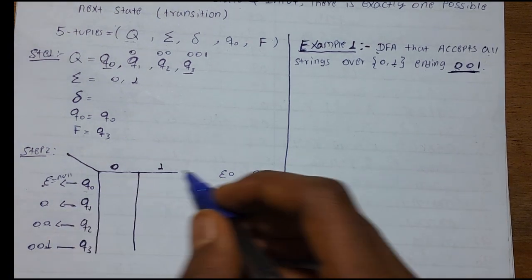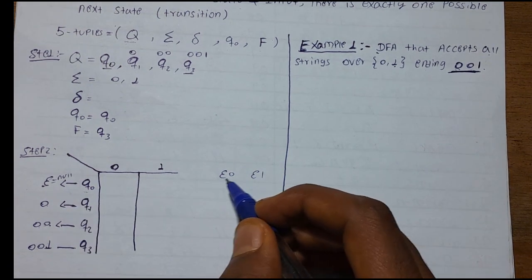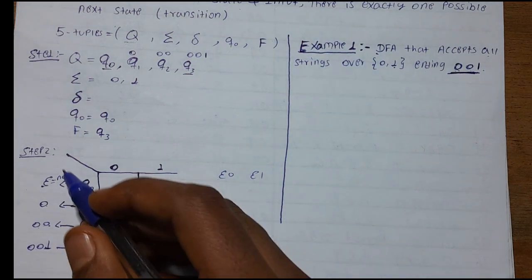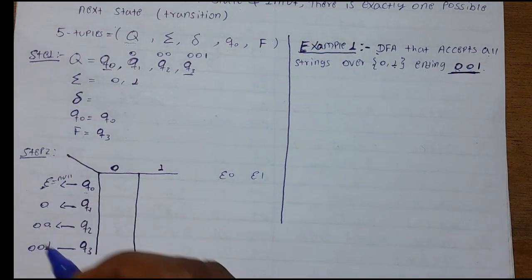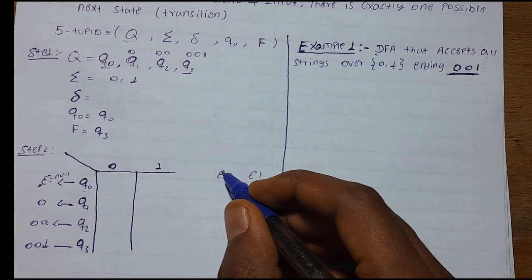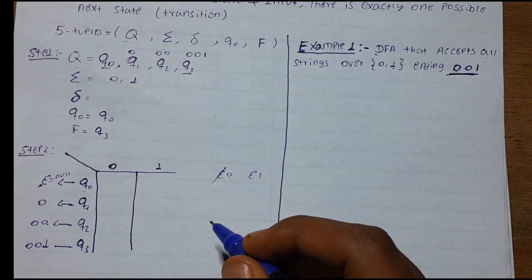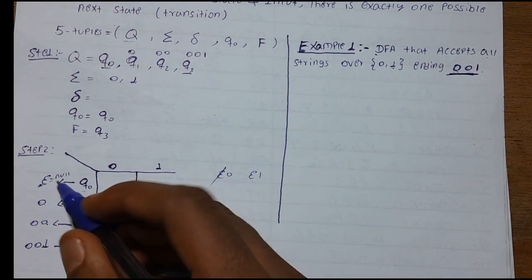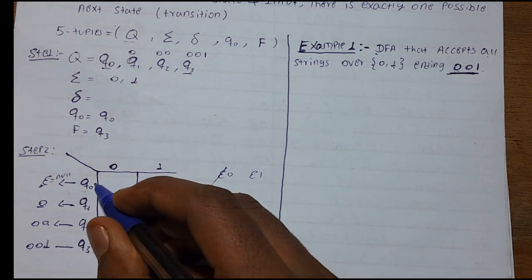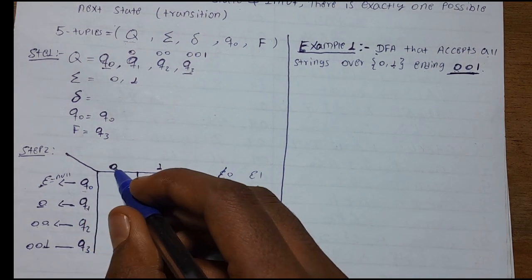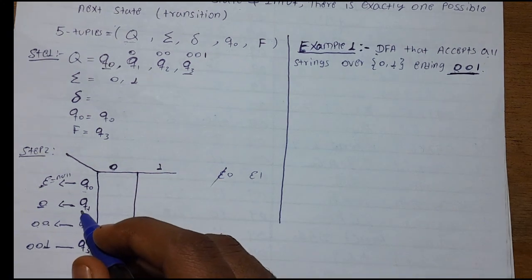So we'll check epsilon 0 in the y-axis. If it's present in the y-axis, we will check: is there epsilon 0 here? No. So we will cancel out the epsilon and we will check for 0. Is 0 present here? Yes, right here, which is Q1. So we'll say Q0 when getting the input 0, it will go to Q1.